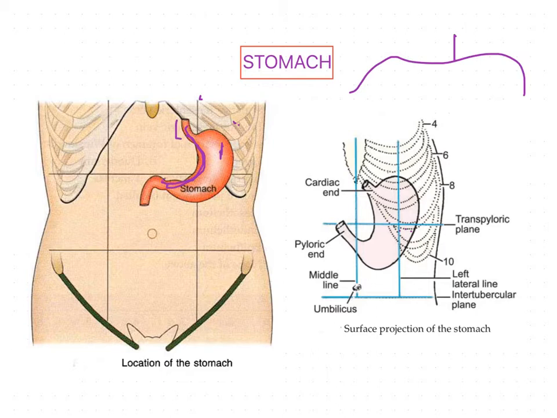Next is the greater curvature. This greater curvature is convex and forms the left border of the stomach.